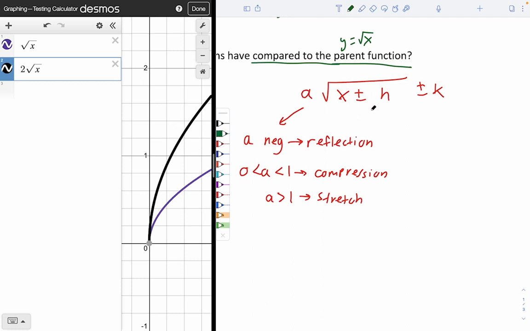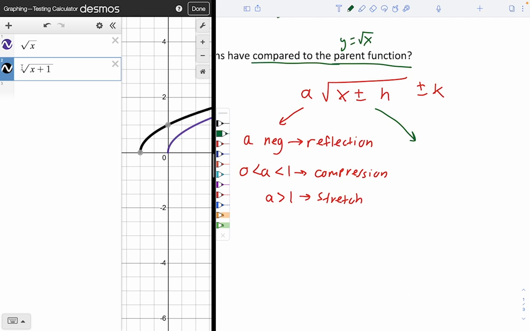All right, next, inside, the x plus or minus h. So let's say it was an x plus 1. What's the difference there? If I added an x plus 1, what happened?